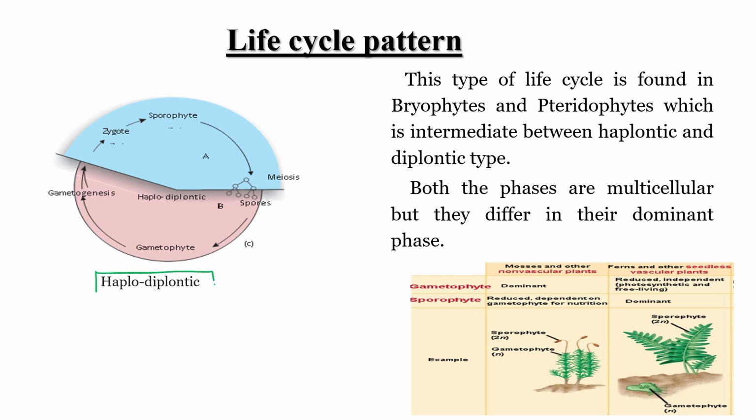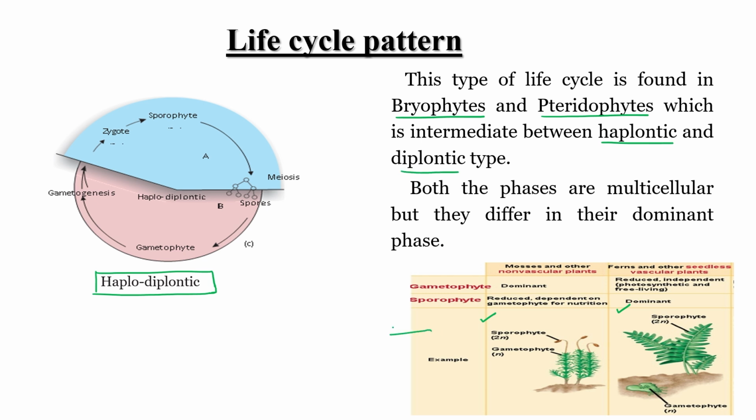The third type is haplodiplontic. This type of life pattern is found in bryophytes and pteridophytes. This is the example of a bryophyte, and this one is the pteridophyte. These two are intermediate between haplontic and diplontic.